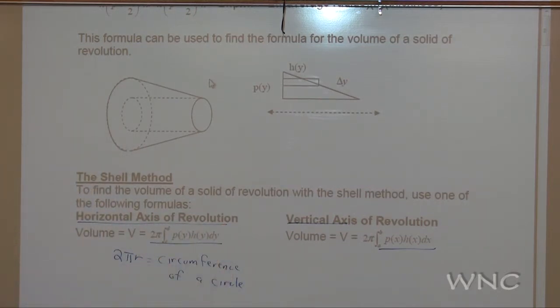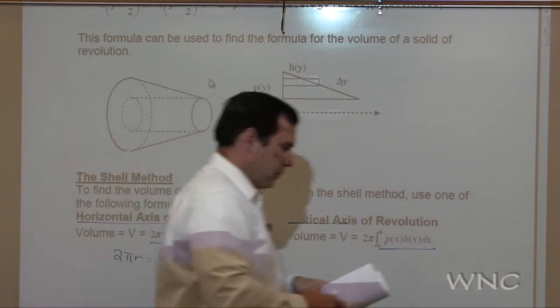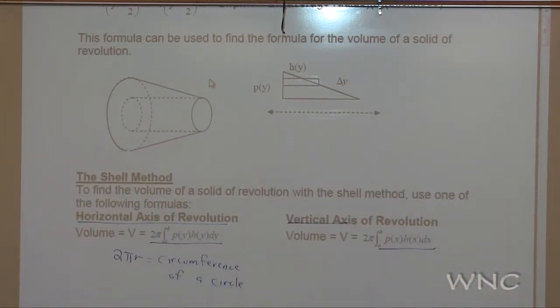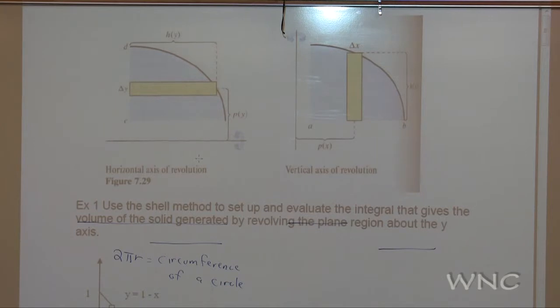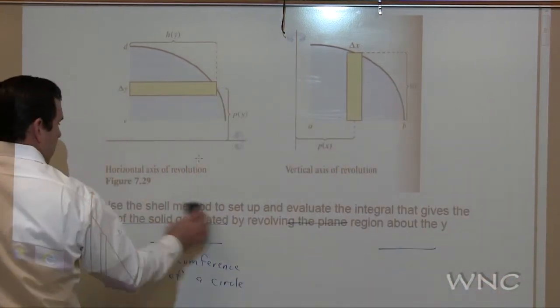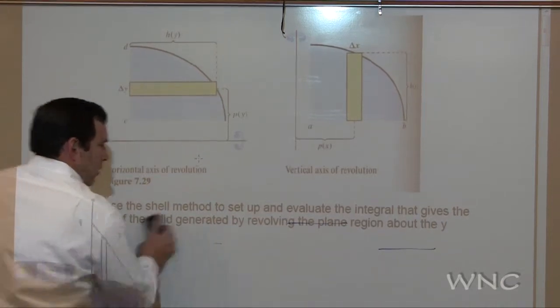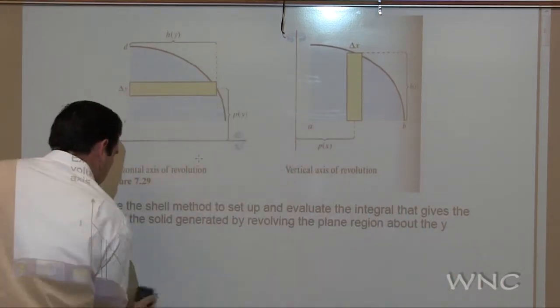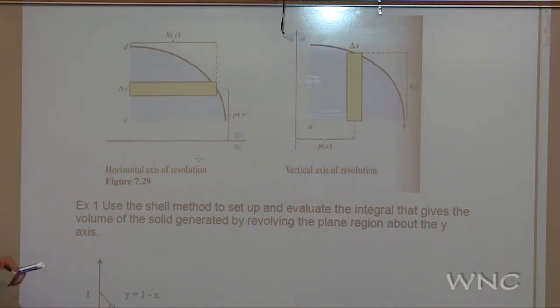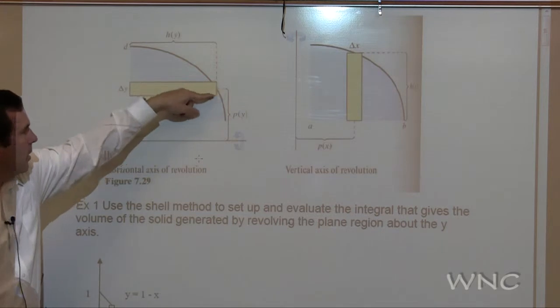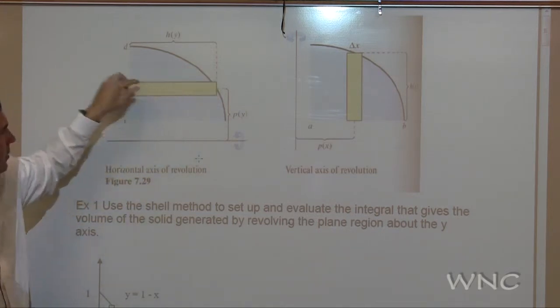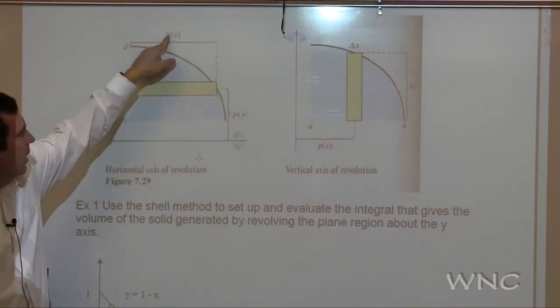Something else to point out. This next page is a picture from the textbook. In this case, it's a horizontal axis of revolution. Here's the approximating rectangle. That's your delta y by whatever height this is, our h of y.